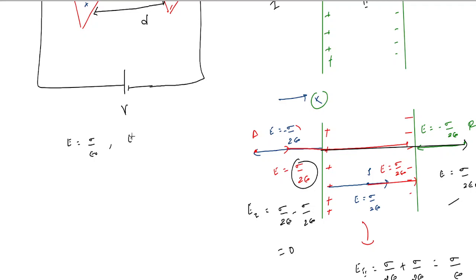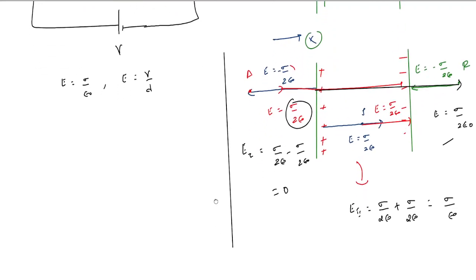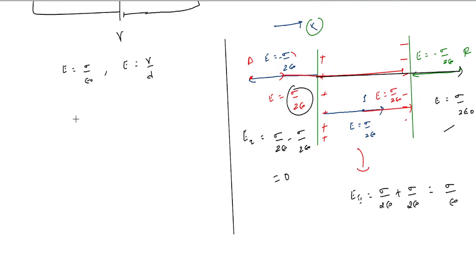Also, E is equal to V by D as seen earlier. If we equate these two, then we get sigma by epsilon naught is equal to V by D. But sigma was given as charge density, which means it is charge by area. So charge from this will be sigma into area.